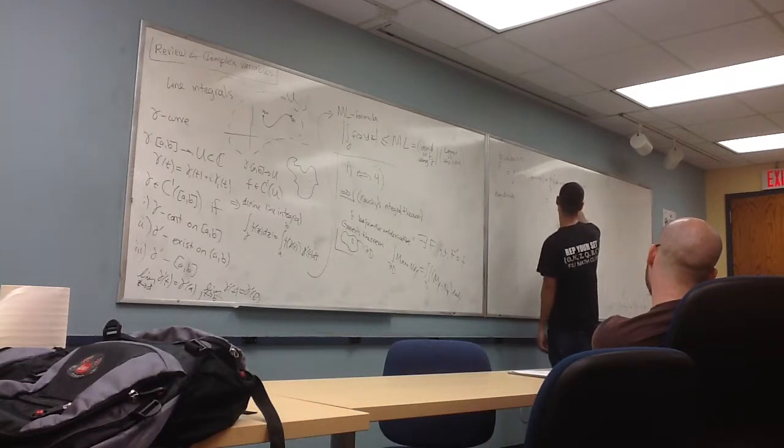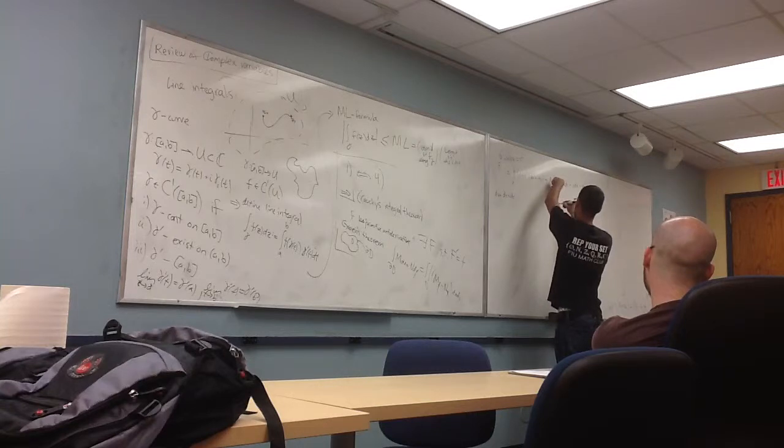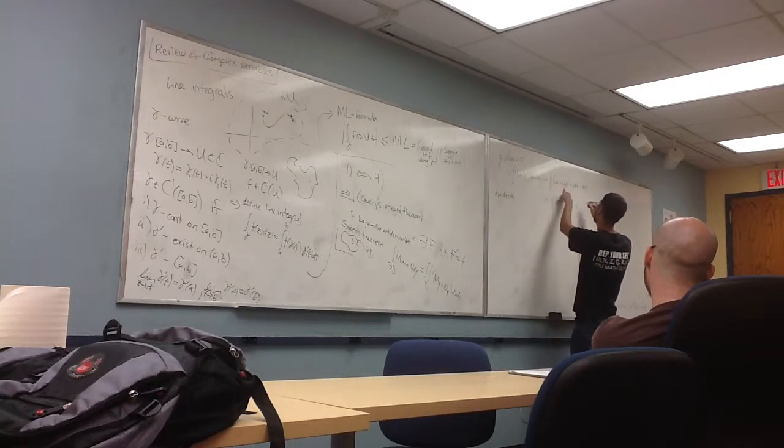And we collect in terms of real and imaginary parts. So the real part is here: u dx minus v dy, plus i times (u dy plus v dx).